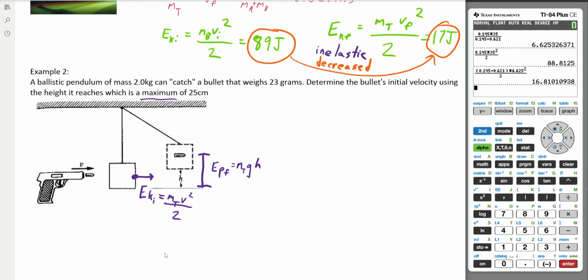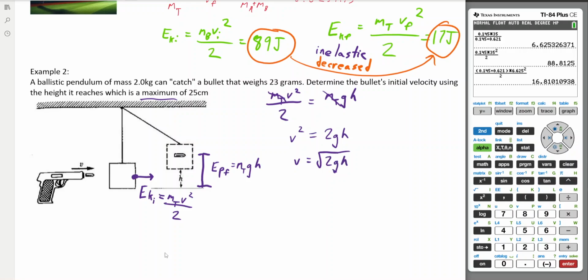So we're going to then have mT v squared over 2 equals mT gh. And now that you have that, you can actually see that the MTs are going to cancel, and we're solving for the V. Now the V is not going to be the final answer, by the way. We'll talk about that in a second.